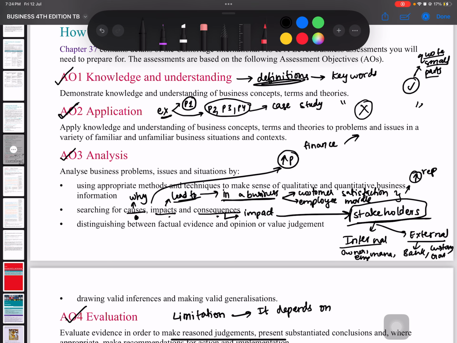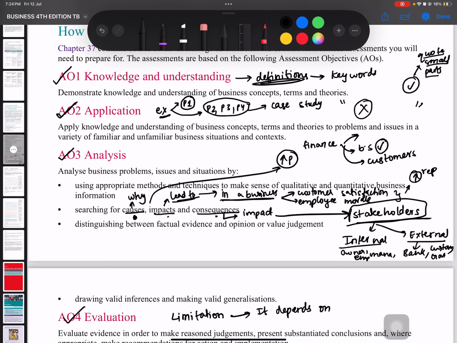What does it lead to, an impact on the business? The business can save more money. This is a very simple example. But the stakeholders, as in external stakeholders, how will the customers react? If the price increase is very little, from $2 going up to only $4, then they might not react very badly. It might be okay, they might still buy the same quantity.